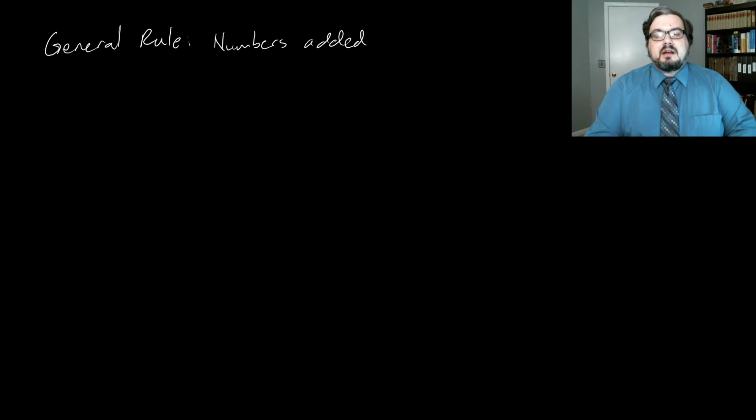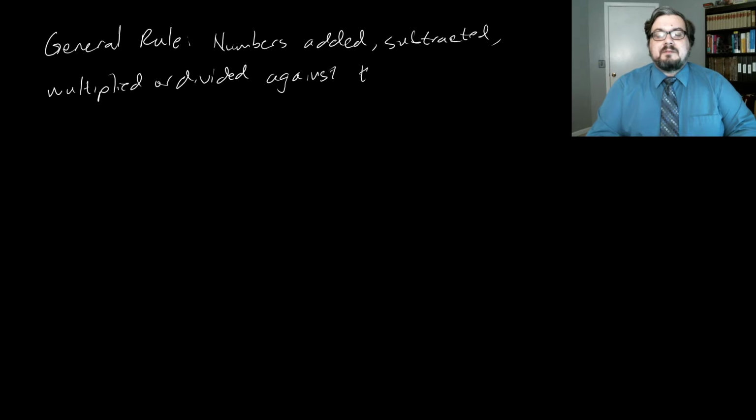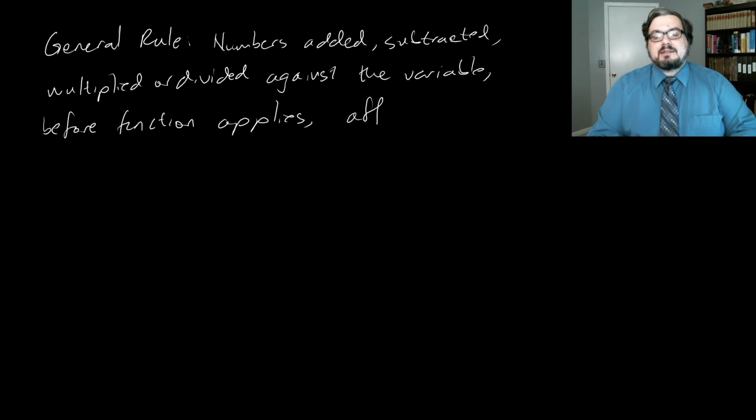So, as a general rule, numbers added, subtracted, multiplied, or divided against the variable before the function applies affect the graph horizontally.